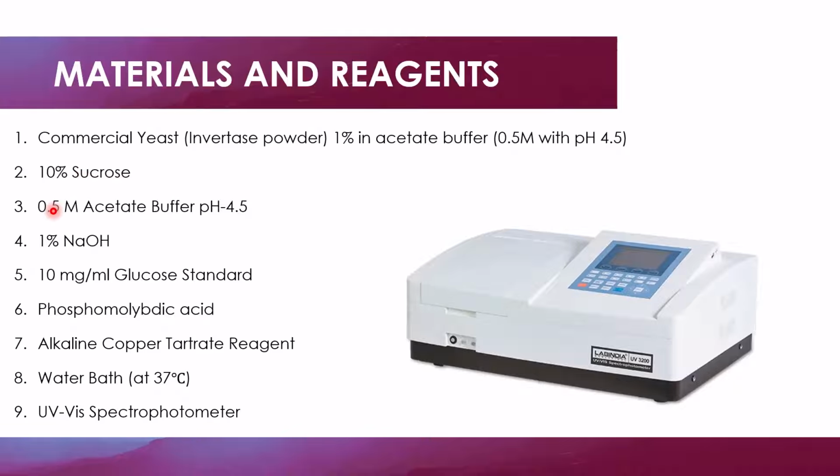The third is our buffer, which is the 0.5 molar acetate buffer of pH 4.5. The next is 1% sodium hydroxide, then our 10 milligrams per ml glucose standard. That's it. Then phosphoric acid, alkaline copper tartrate reagent, a water bath set at 37 degrees Celsius, and our UV-Vis spectrophotometer.